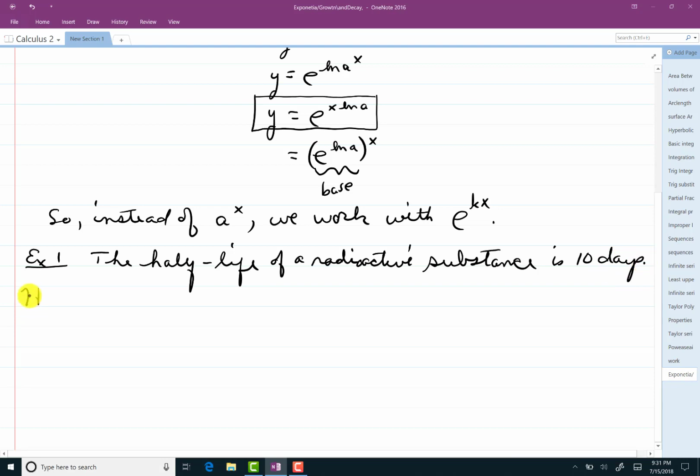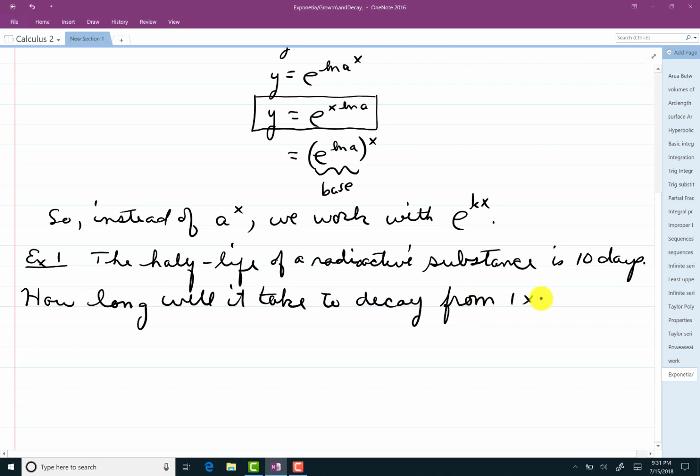How long will it take to decay from 1 times 10 to the 9th grams to 100 grams?